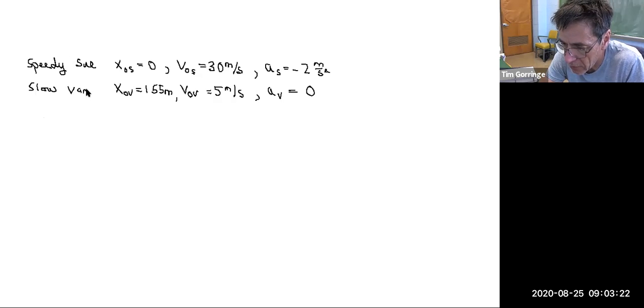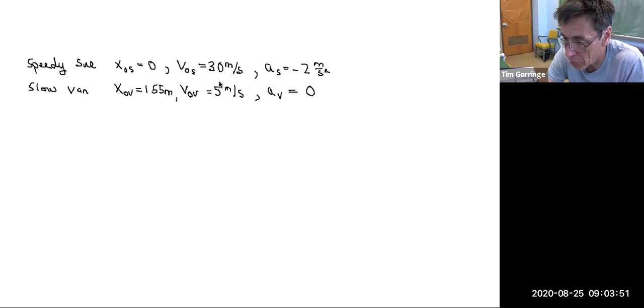For the van, the slow traveling van, I've written down the same information. Its initial position is 155 meters ahead of Speedy Sue. Its initial velocity is 5 meters per second. And the van is not changing its speed. It's traveling at constant speed. There's no acceleration.